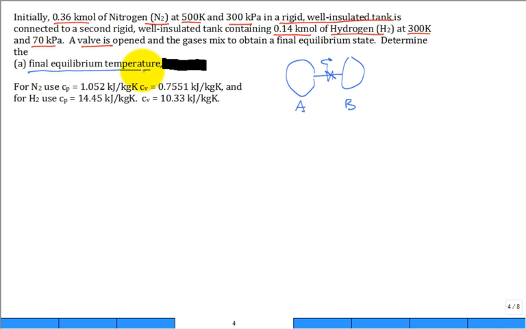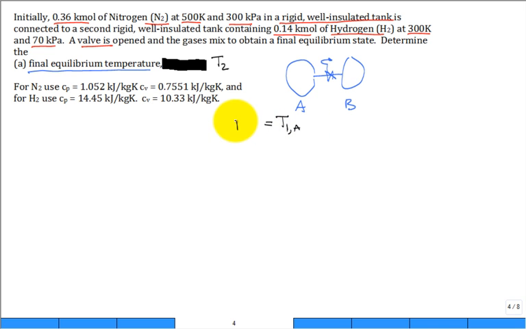So how would you go about doing that? The two initial temperatures? Right, you know that final temperature, let's call it T2 without a subscript other than just 2. And maybe we talk about the initial temperature T1 in tank A. You could use that type of subscript.